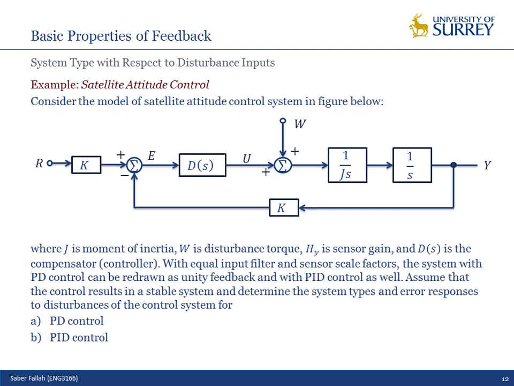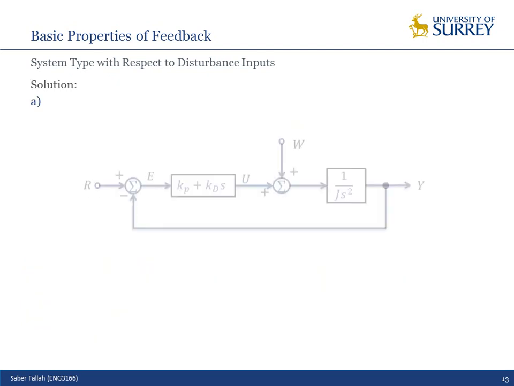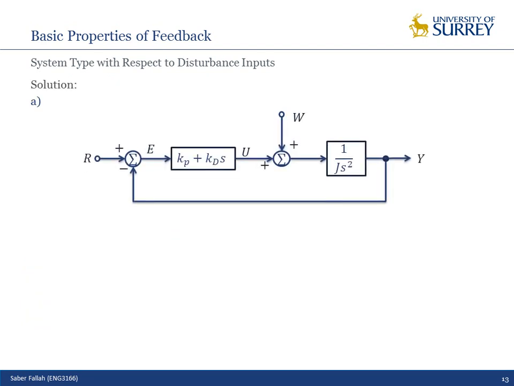I will explain today what the PD controller and the PID controller are, just to have some idea. The shape of the PD controller is a constant gain plus a constant gain multiplied by s, the derivative part. But don't worry, I will explain.